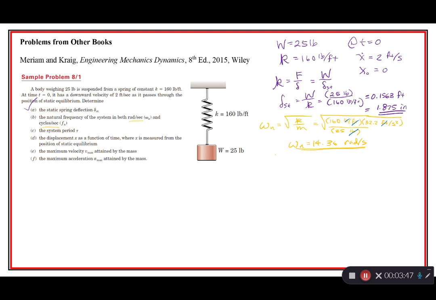But we also want the natural frequency in cycles per second, also known as hertz. And so we have to divide by 2 pi. If you're ever curious why, remember that you're taking, in this case, 14.36 radians per second, and you're dividing it by 2 pi radians per cycle.